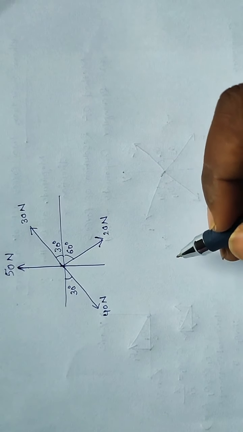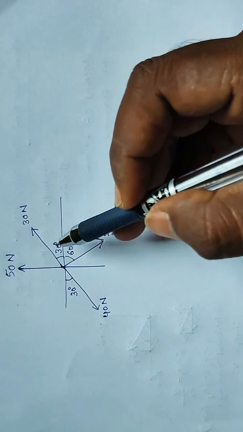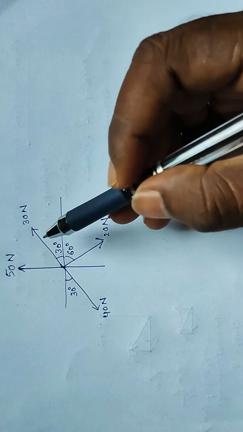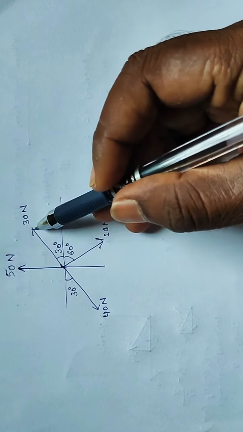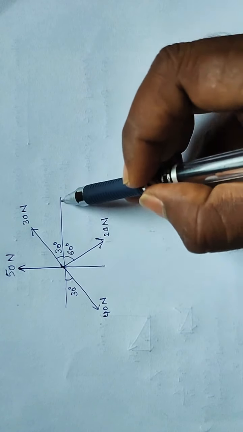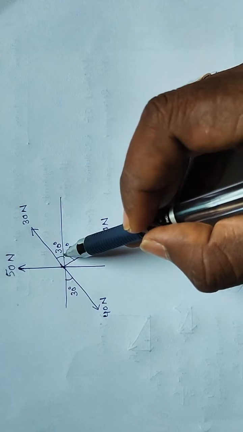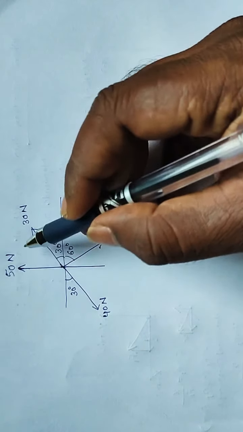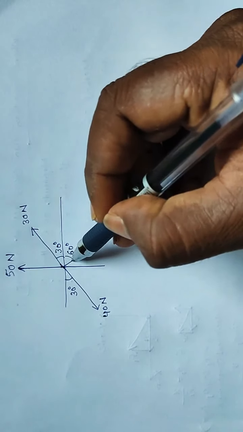In this problem, we have to find out the resultant of all these four forces. The 30 Newton force is making an angle of 30 degrees with the horizontal, or with the x-axis, and another one here is 20 Newton.